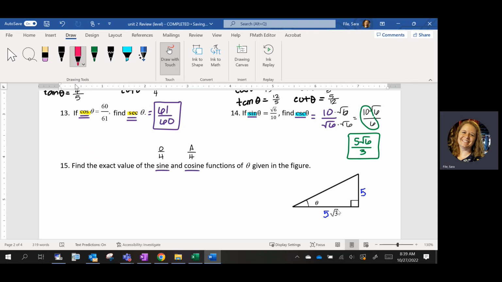That's the relationship between the legs in a 30, 60, 90 triangle. If you make that connection, you don't have to do Pythagorean theorem. You can remember, in a 30, 60, 90, the short leg is x, the long leg is x root 3, and the hypotenuse is, does anybody remember?